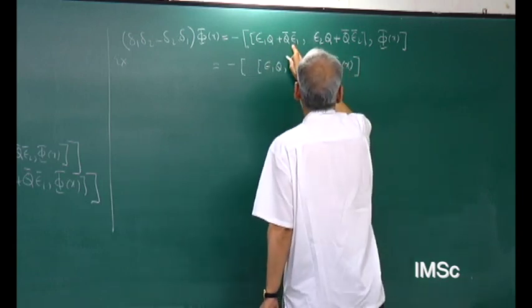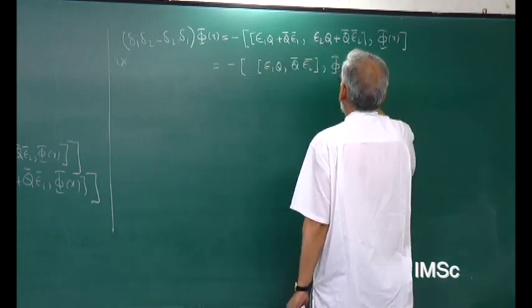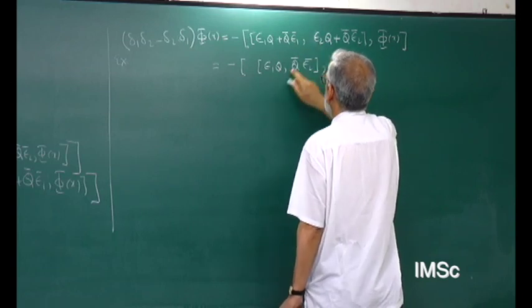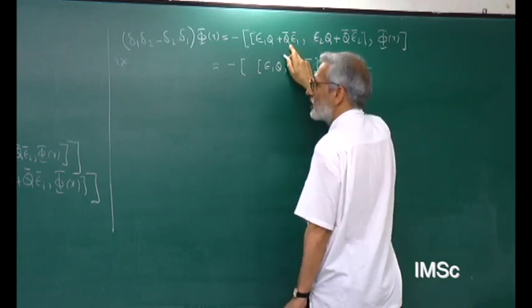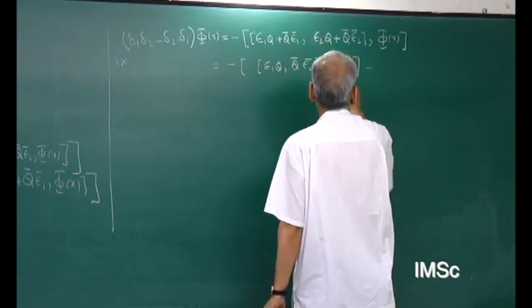The other term is this with this, but they have a different order: Q bar is first, then Q. I change the order and change the sign.